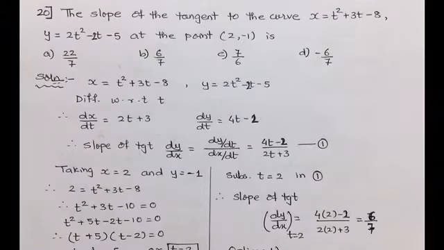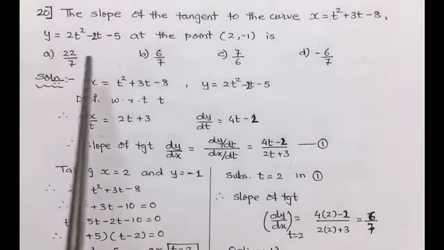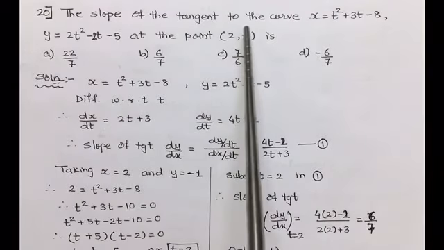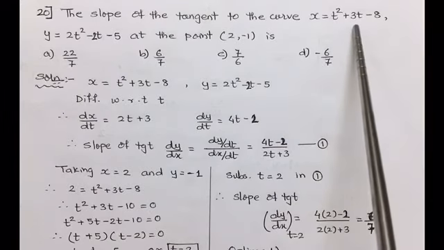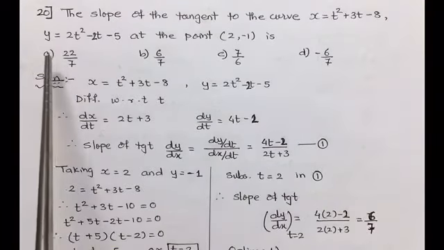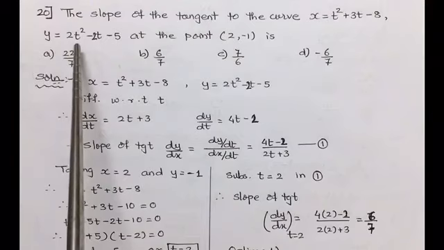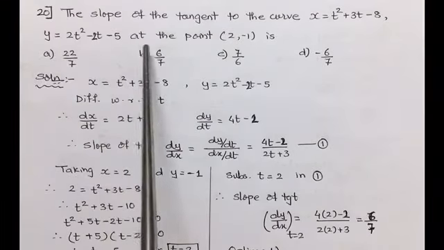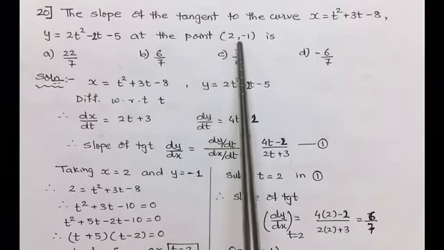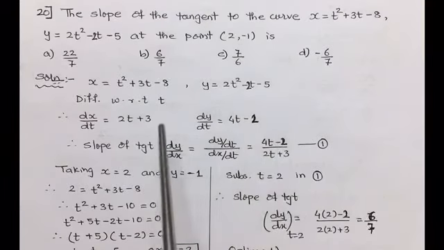wheat increasing, and that is option A. 20th one is, the slope of the tangent to the curve x equal to t square plus 3t minus 8, y is equal to 2t square minus 2t minus 5 at the point 2, minus 1 is.